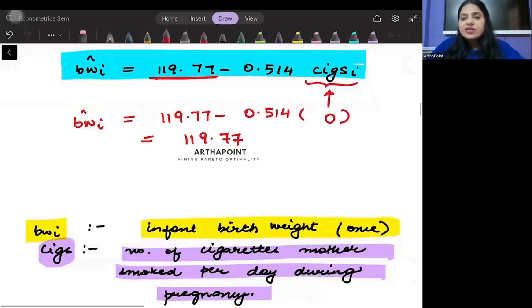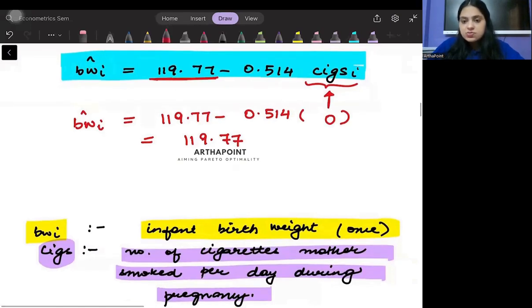So what does this mean? It means that when the mother smokes 0 cigarettes per day, then the average infant birth weight will be 119.77 ounces, right?